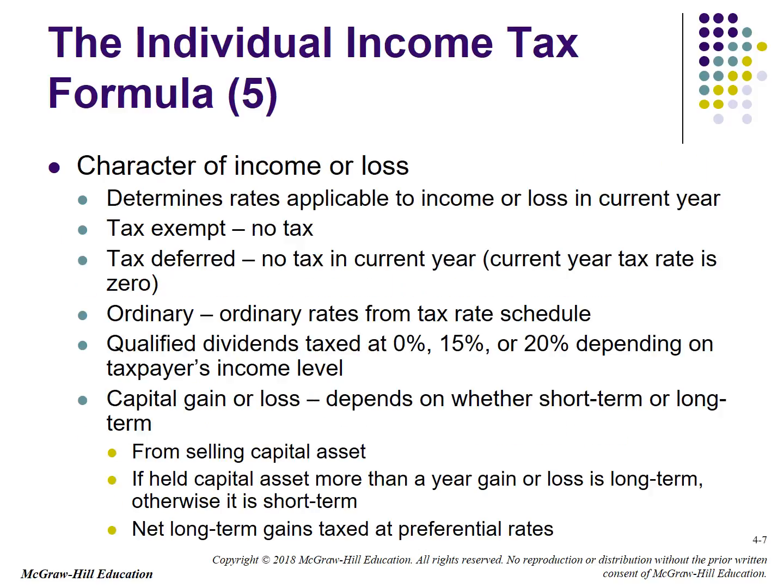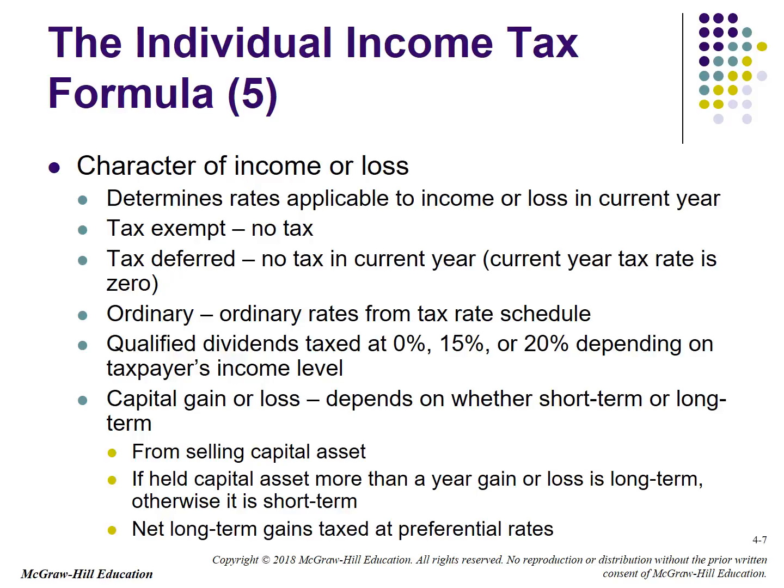The character of the income or loss is also very important. We have to introduce this now so that you understand not all income is taxed the same. Tax exempt, of course, no tax. Tax deferred, no tax till later. Ordinary income is taxed at your normal tax rates.